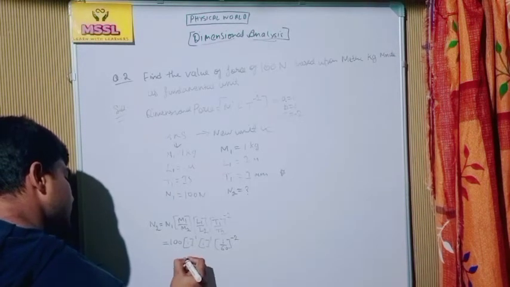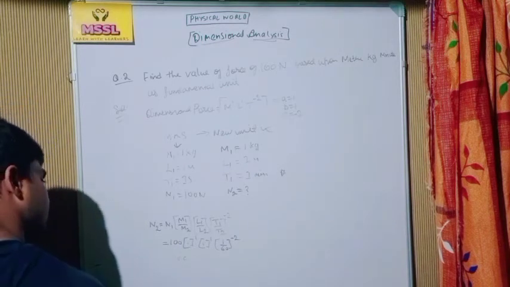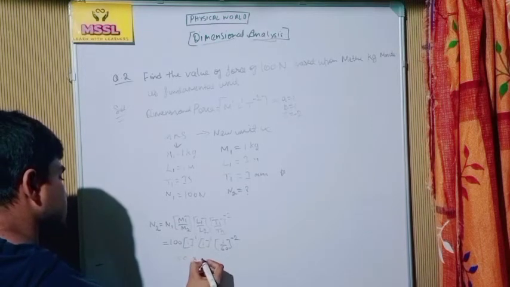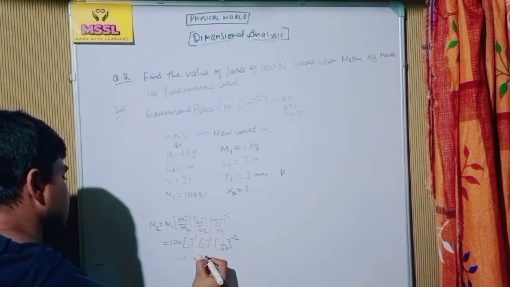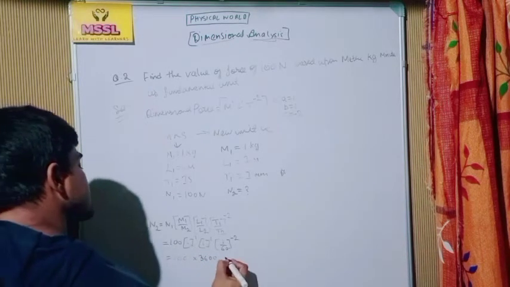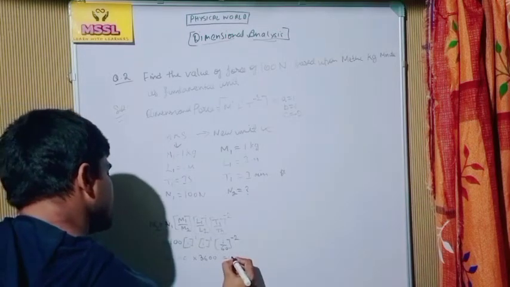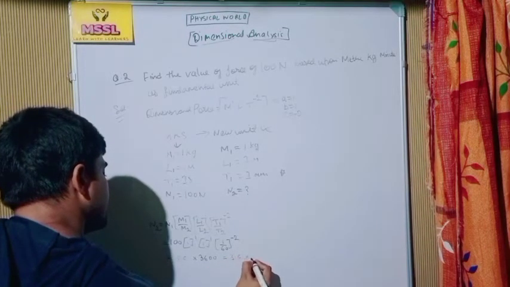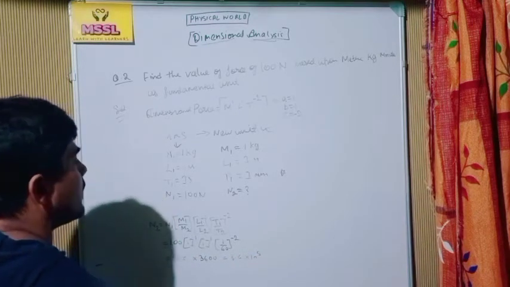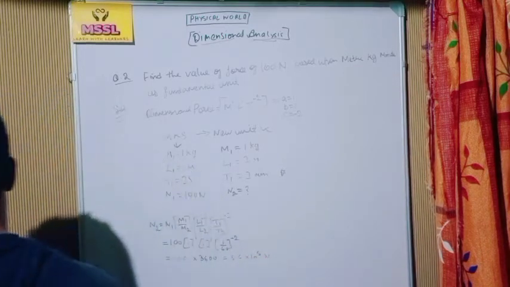It will be reversed, so it will be 100 times 3600, or we can write it as 3.6 into 10 to the power 5 Newton of force.